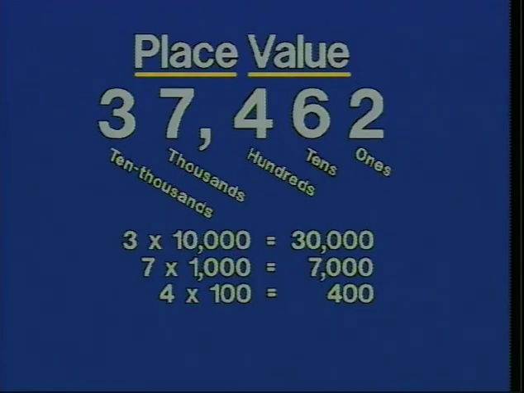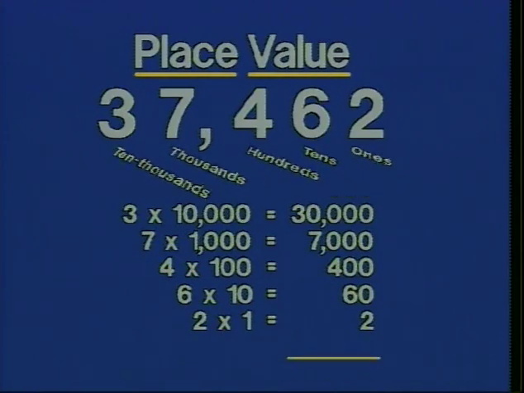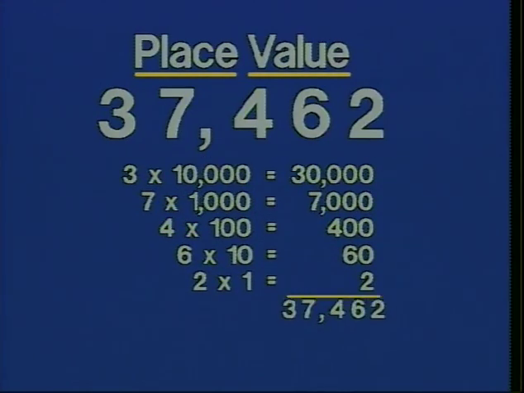A 6 in the tens position means 6 times 10, or 60. And a 2 in the ones position means 2 times 1, or 2. So each digit is contributing a certain value to the overall number, and when we add all of those values, we get the number that we had before, that is 37,462.